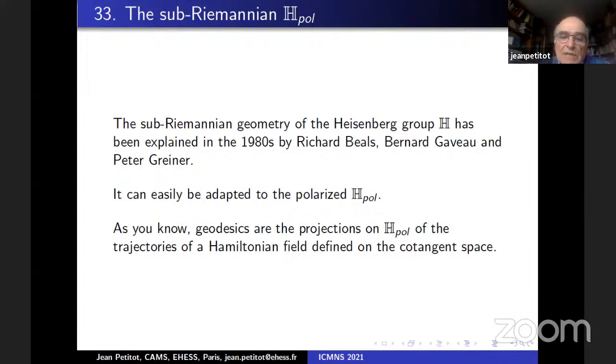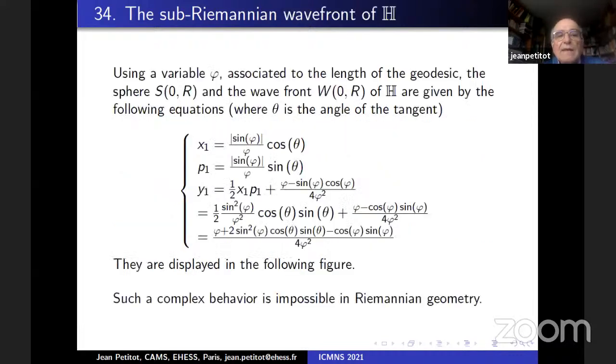And geodesics are projections of the trajectories of a Hamiltonian field of the cotangent space, and using variables associated to the length of the geodesics and the initial conditions, the initial covector, the sphere centered at the origin and with radius r, and the wavefront W of H are given by the following equations, where theta is the angle of the tangent.